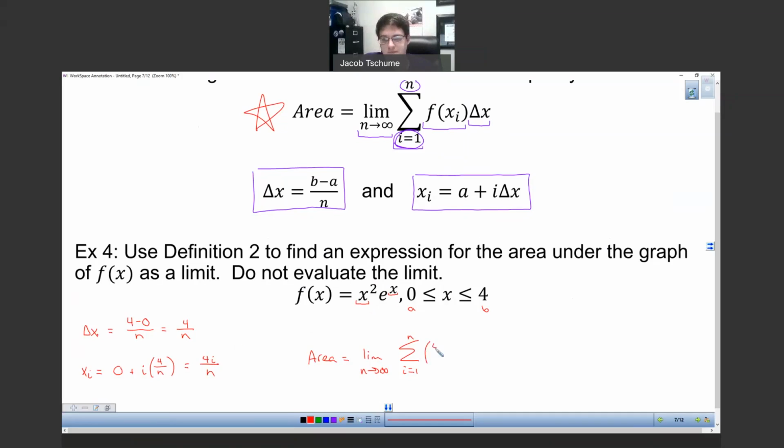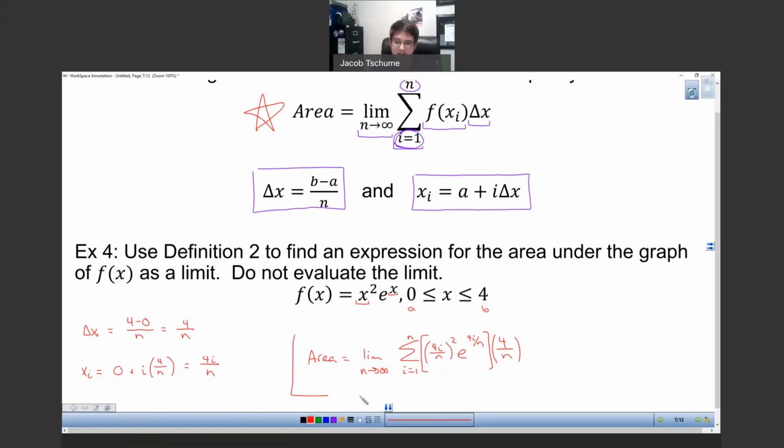So this would be 4i over n all squared times e raised to the 4i over n. This is f of x sub I. Then you have to multiply all of that by delta x, which we found to be 4 over n. And that is your setup for the area under the curve.